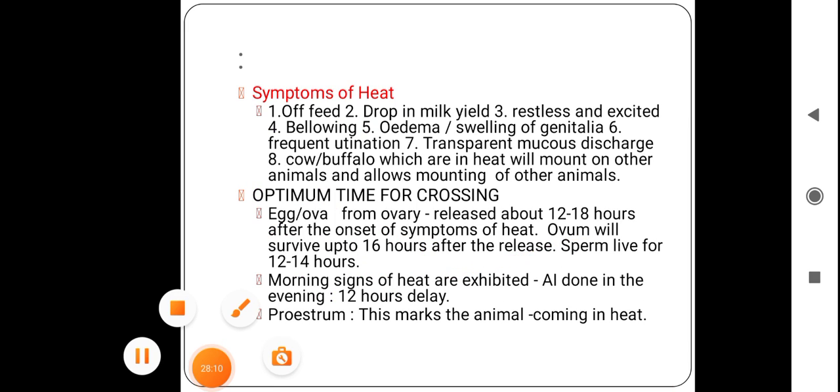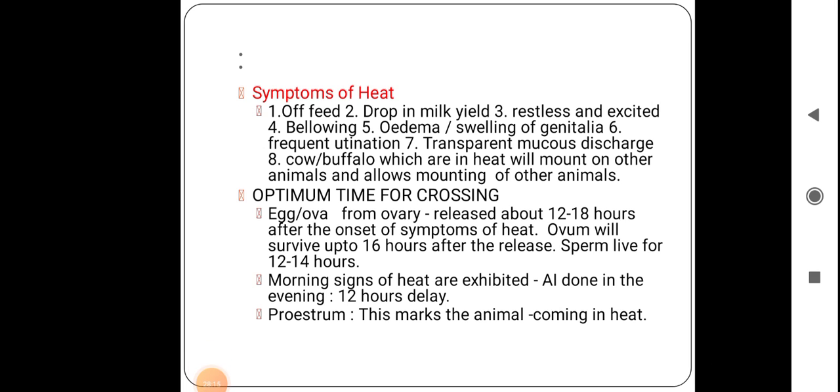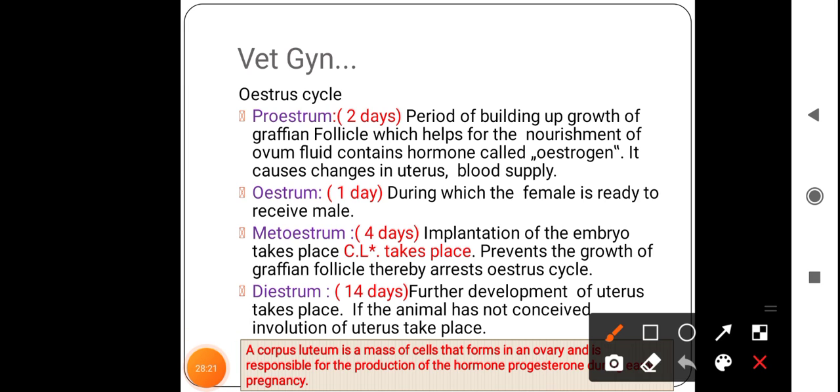Now going to the symptoms of heat. As we have discussed, the symptoms of heat come in the second phase of the estrus cycle, known as estrum.